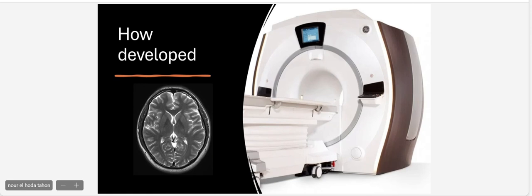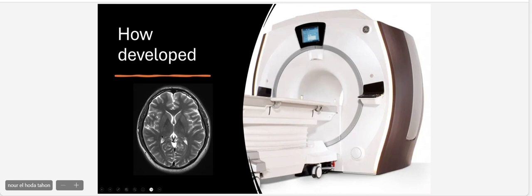Because we also work with artificial intelligence, and this can help a lot. Maybe after 10, 20 years, people will talk about how the MRI was, and how the radiologist picked every single lesion, and now artificial intelligence can do everything. So that was to talk about what happened before and how this developed.